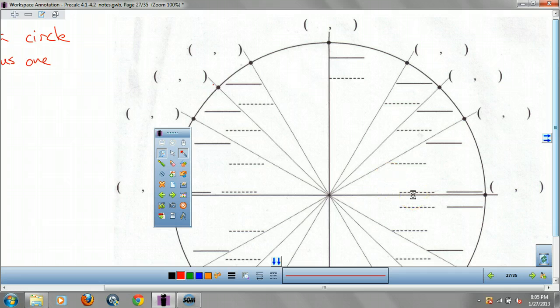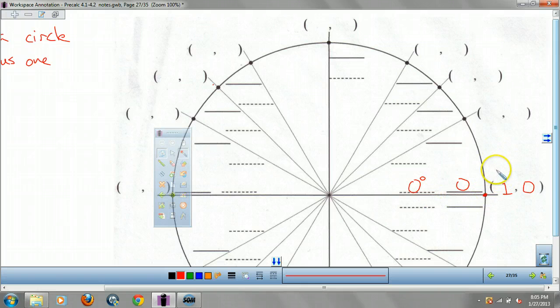This is 0 degrees, right? 0 degrees is the same as 0 radians. Okay, what is this point then? If this is a coordinate plane, that is the point 1, 0, because the radius is 1.